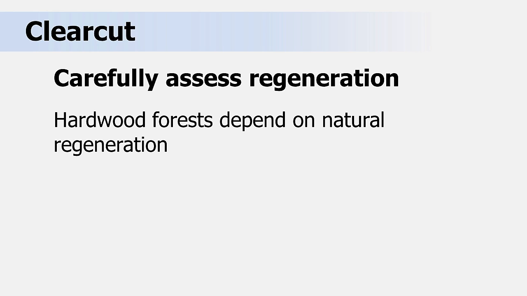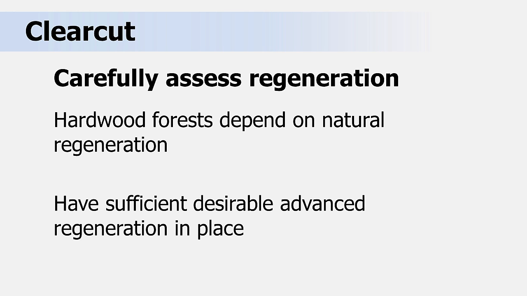Before prescribing a clear-cut, carefully assess regeneration. Unlike clear-cuts in the West and the South, where harvested stands are normally regenerated by planting nursery-grown seedlings, hardwood forests depend on natural regeneration. Since the harvest will fully remove the overstory, it is critical to have sufficient desirable advanced regeneration in place.